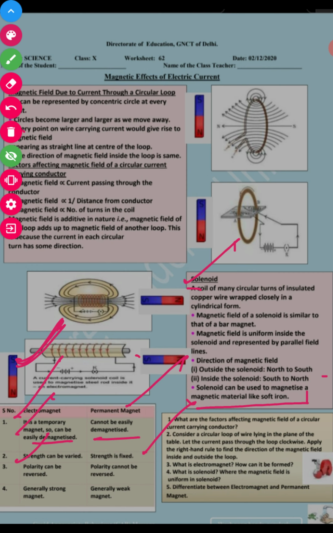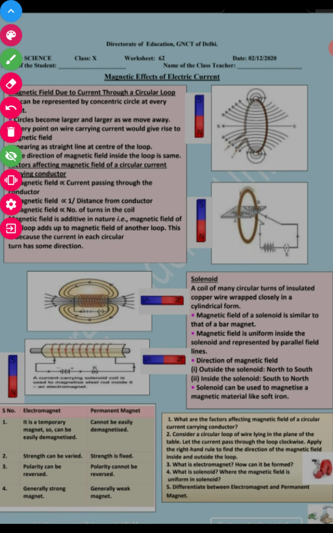The polarity of an electromagnet can be reversed, whereas the polarity of a permanent magnet cannot be reversed. Electromagnets are generally stronger magnets, whereas permanent magnets are weak magnets.